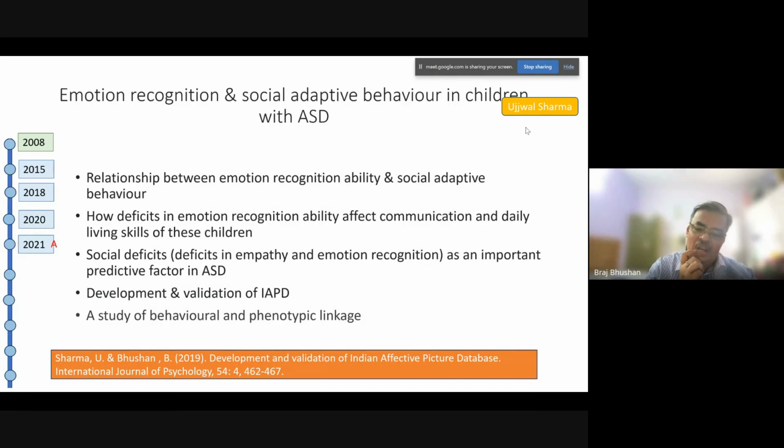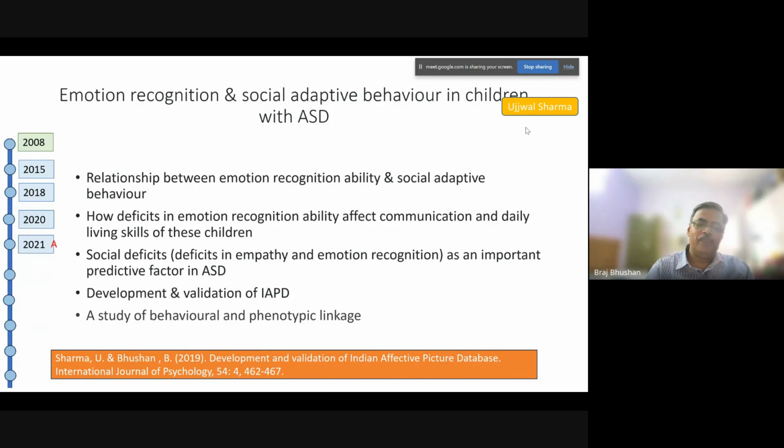Thereafter, we decided to focus on enhancement of the emotion recognition ability and thereby the social communication skill of these children. So we were largely interested at this point in time in development of an intervention. And this has, of course, gone a long way.